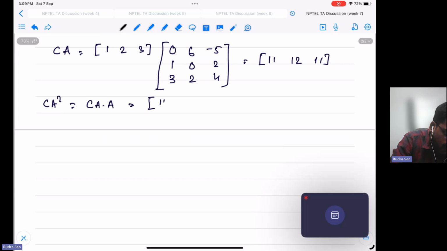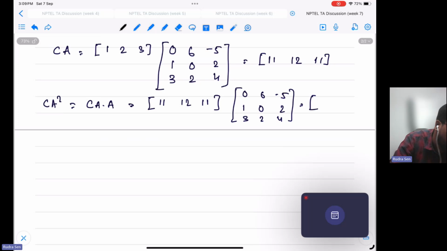So that means 11, 12, 11 multiplied with 0, 6, minus 5, 1, 0, 2, 3, 2, 4. This equals plus 33 is 45, then 88, and then 30. Okay.